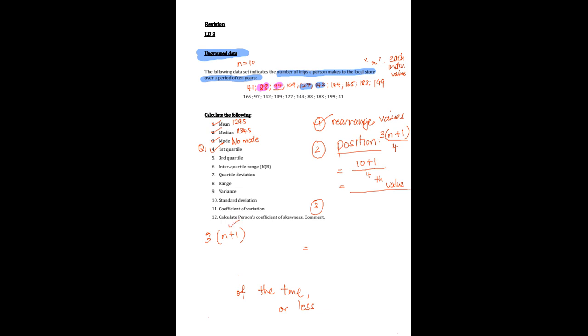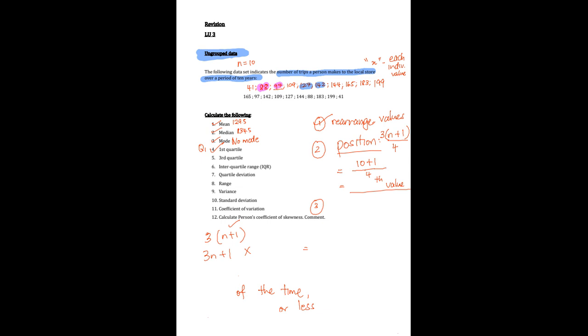They just write it as 3n plus 1, which is not correct, because this way you're attaching the n to the 3, which is not supposed to be done. The n plus 1 is within brackets and the 3 is on the outside. You will literally get different answers if you do that, so please make sure to leave the n plus 1 within brackets and the 3 on the outside.